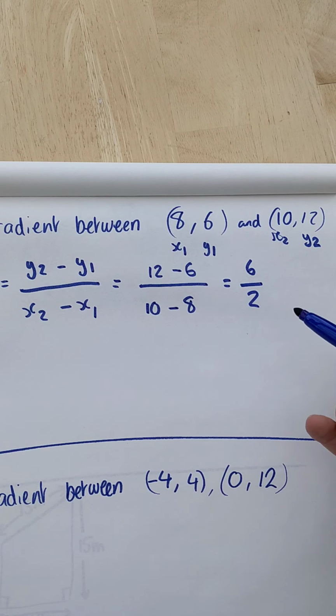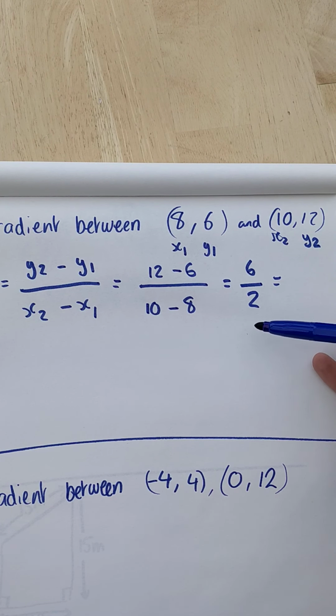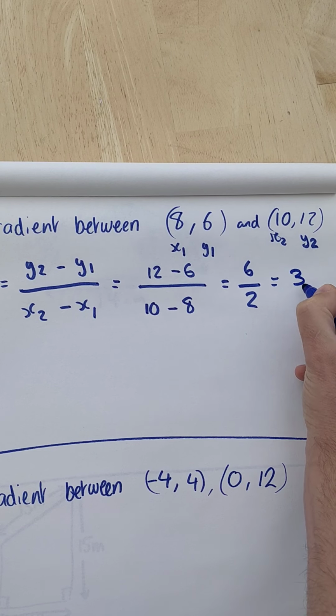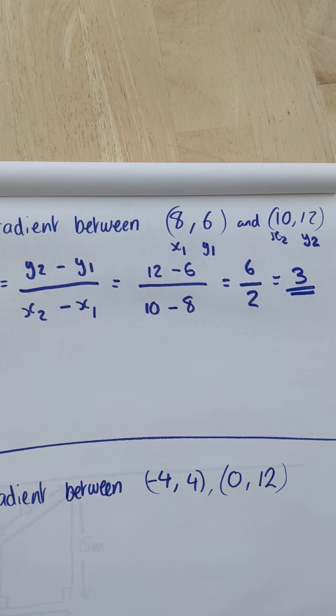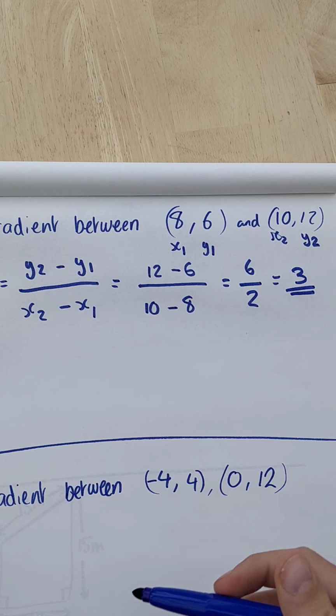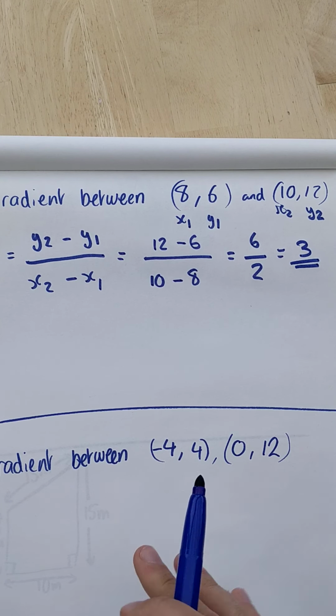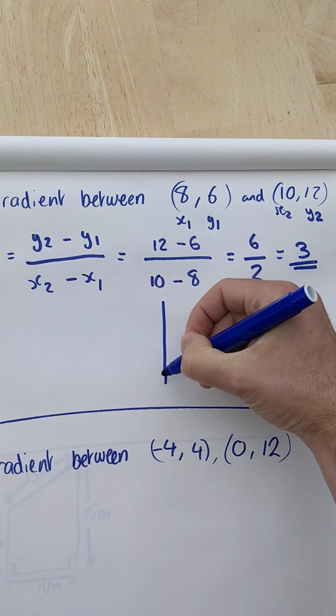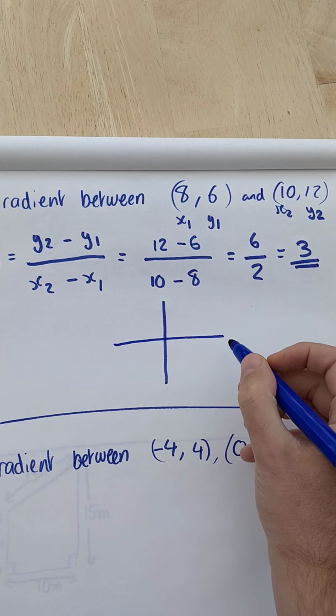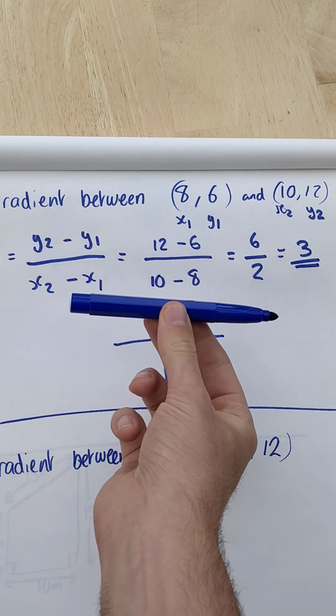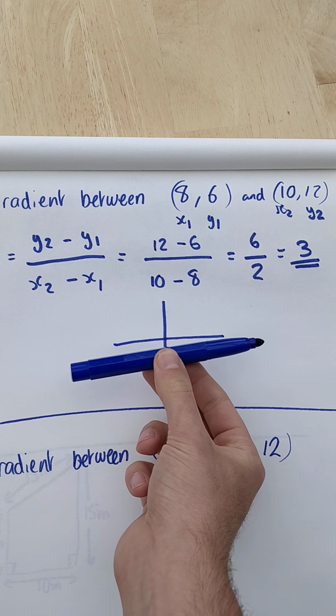And we end up with this top heavy fraction. And then all this means is 6 divided by 2. And that would be our gradient just there. Gradient of 3. Now, what does a gradient of 3 actually mean? Well, if you've got a set of coordinates here, if it was flat, that's no gradient at all.